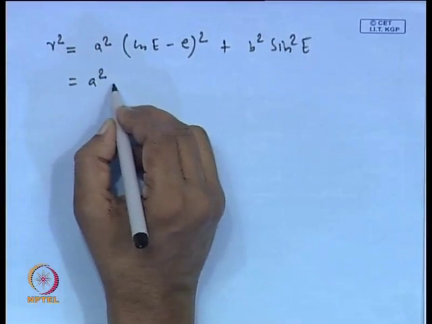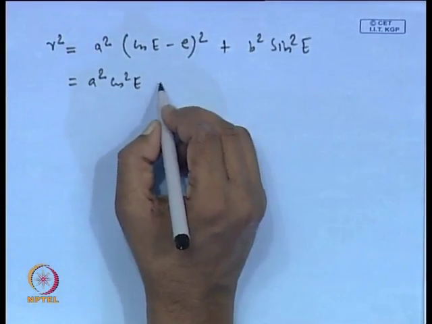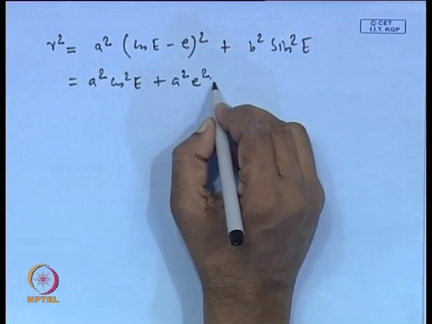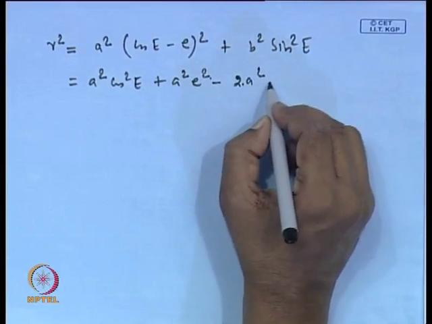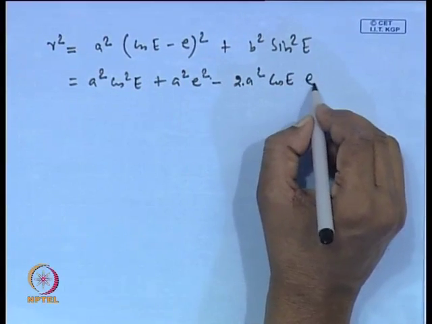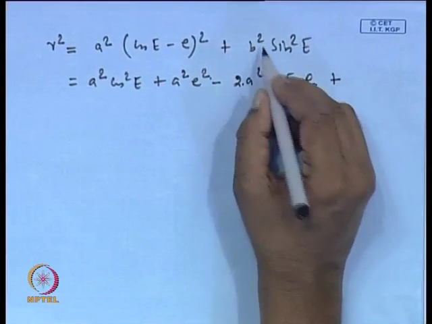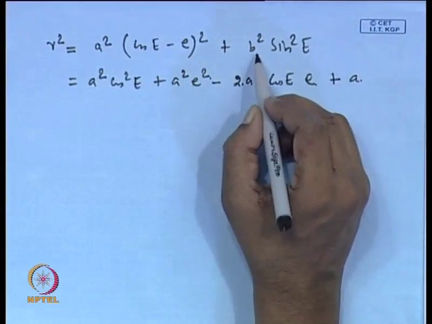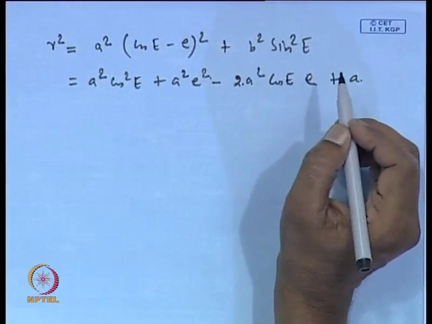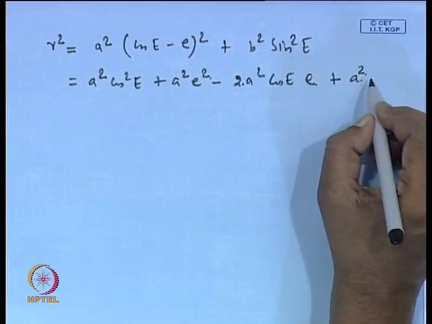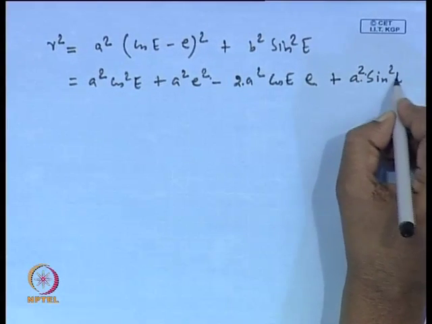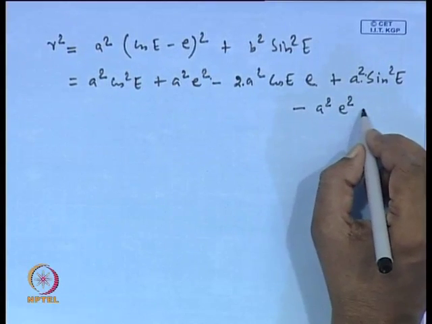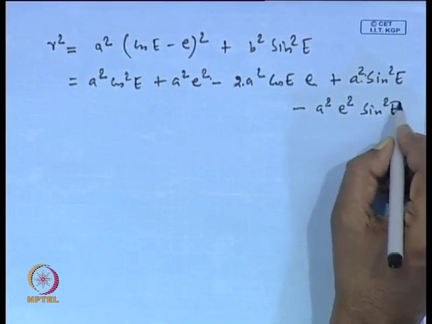So, this becomes a square times cos square e plus a square times e square minus 2 times a square e cos e, and b square we can replace in terms of a square times 1 minus e square. So, this will become a square times sin square e minus a square times e square times sin square e.